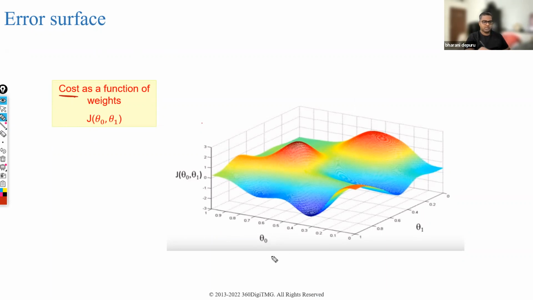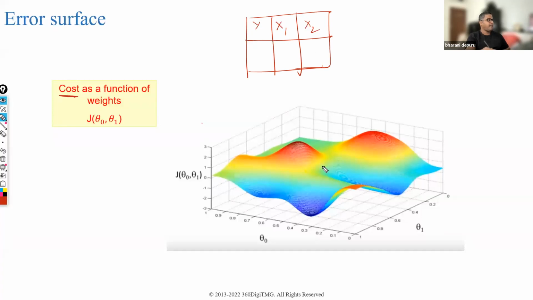If you have two inputs in your data set and an output, then you will have two weights. Or even if you have a single input, here I'm ignoring bias.